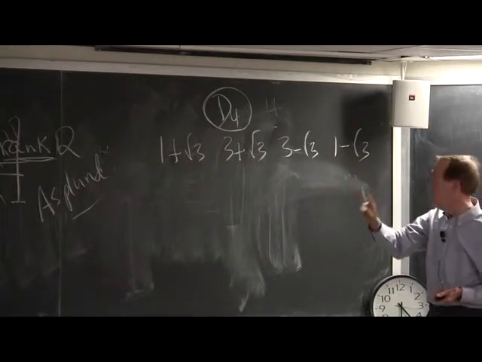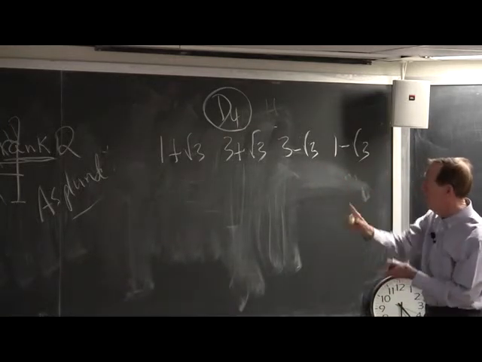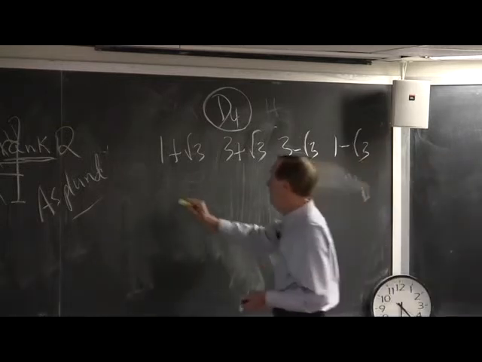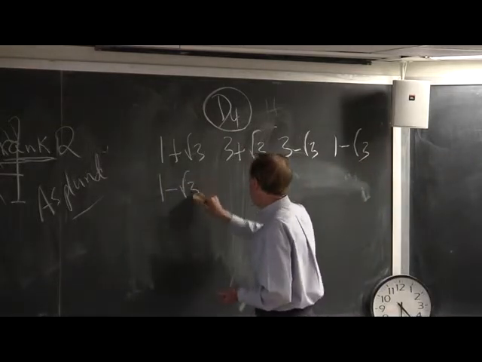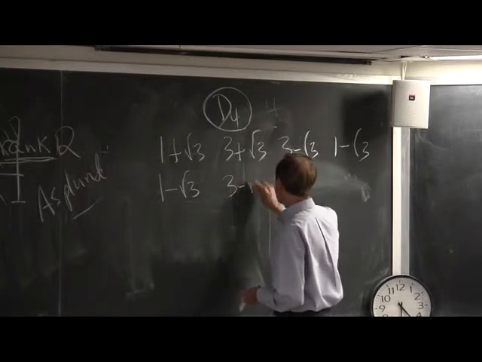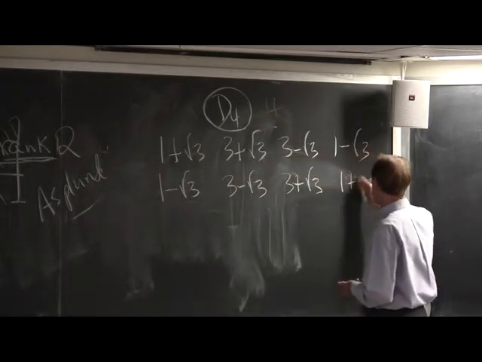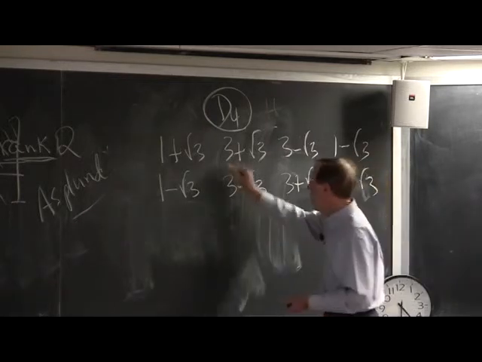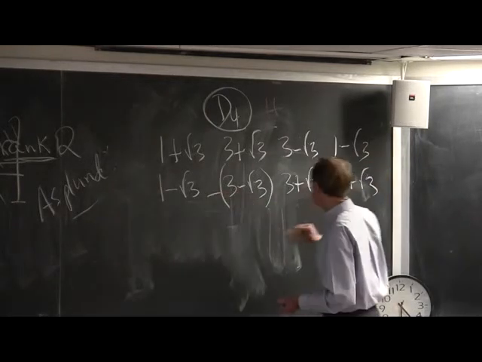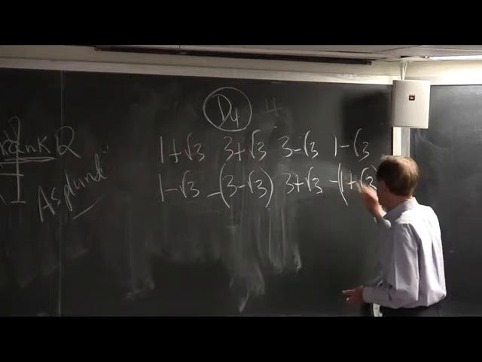Now the high-pass filter reverses the order: 3 minus root 3, 3 plus root 3, 1 plus root 3, and alternates the sign. So minus that and minus that.